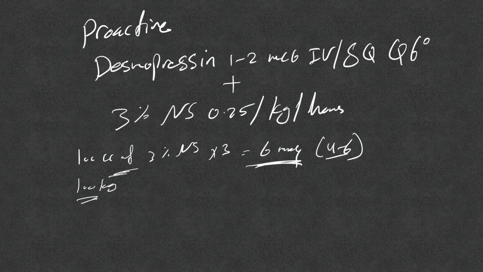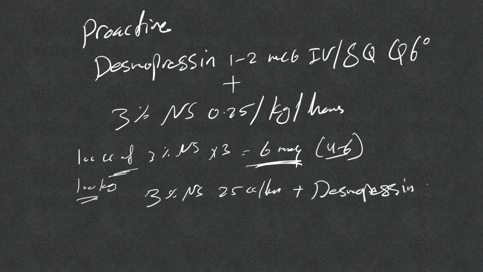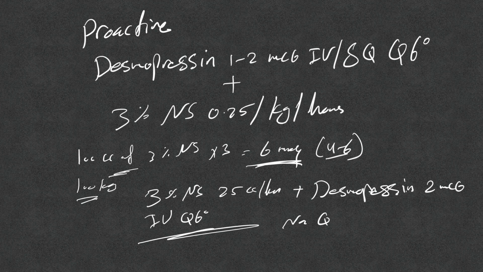You can say, I'm going to use 3% NS 25 cc an hour plus desmopressin 2 mcg IV every 6 hours, and you continue checking sodium every 4 to 6 hours. Most of the time, this will give you a controlled rise of sodium without concern of overcorrection.